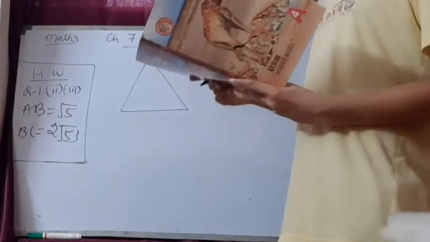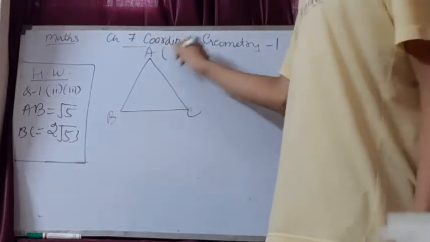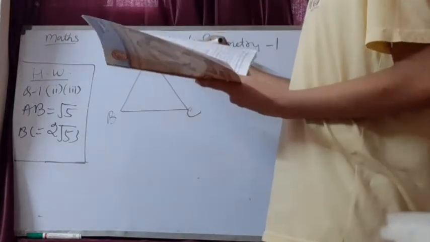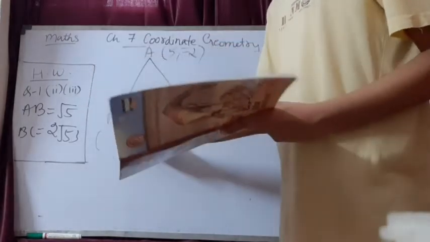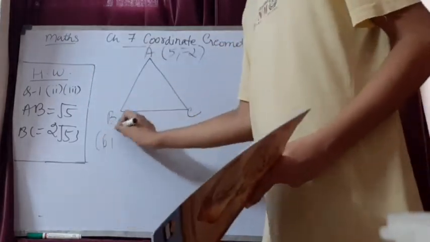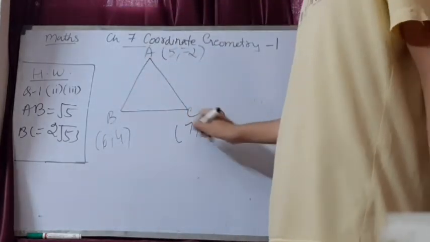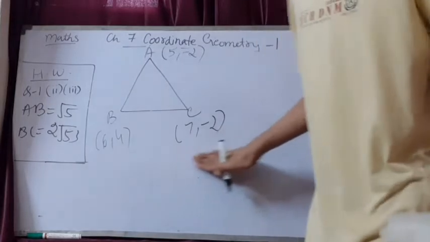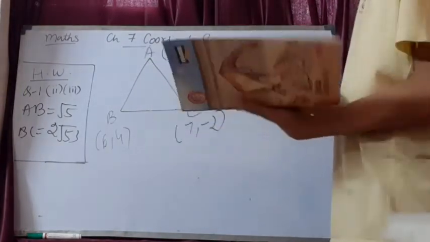And the vertices are these A, B, C. Let me tell you the coordinates. A is given to you 5 comma minus 2. B is given to you 6 comma 4, and C is given to you 7 comma minus 2.